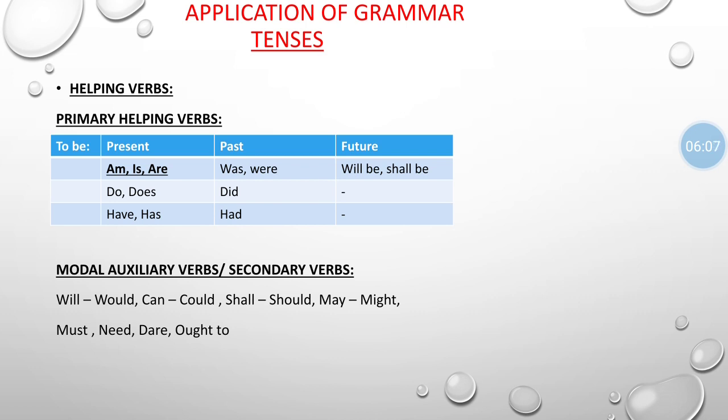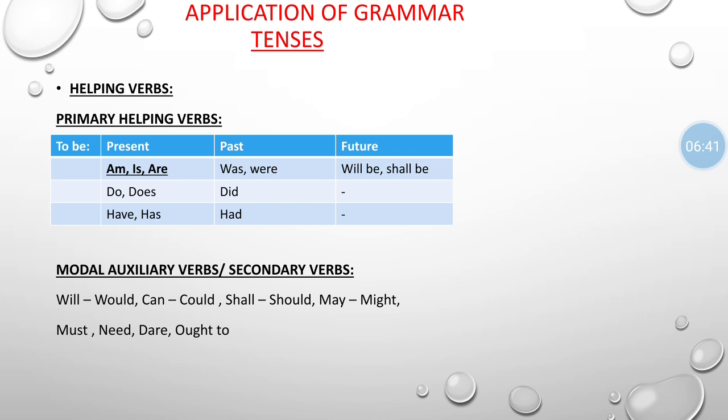These are used in the sentence only as helping verbs. They are not used as a main verb, unlike primary helping verbs. They have only one single function, that of a helping verb.